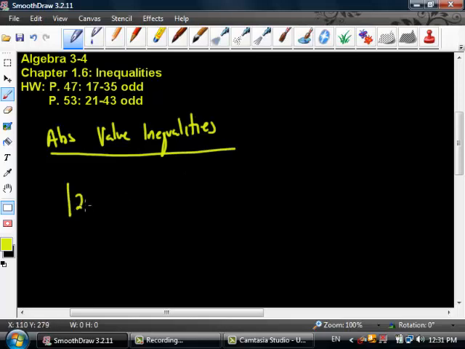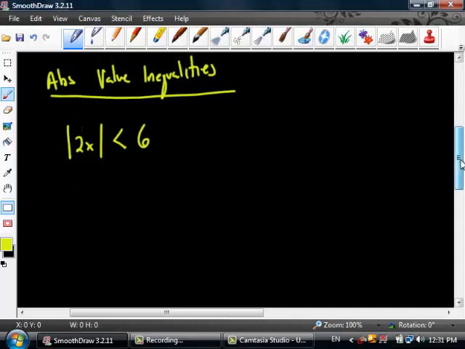With all absolute value problems, remember, we always had a negative version of the problem and a positive version of the problem. So the negative version is negative, parentheses, whatever was on the inside, so in this case, negative 2x is less than 6. On the right side, the positive case, it's going to be 2x is less than 6.